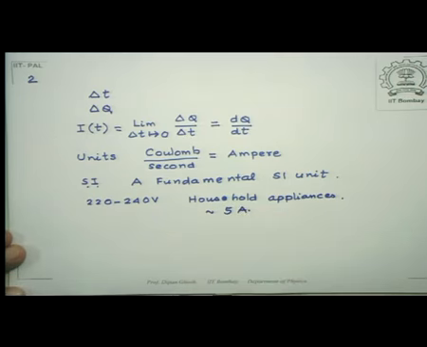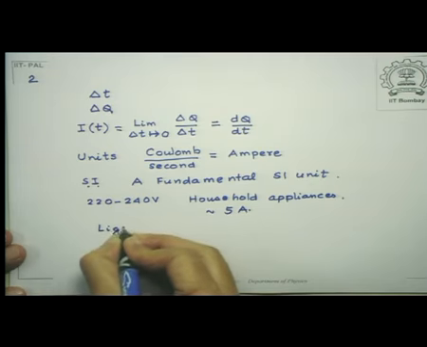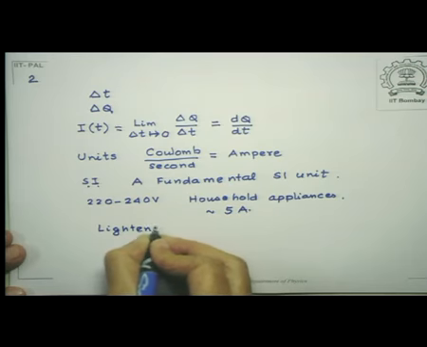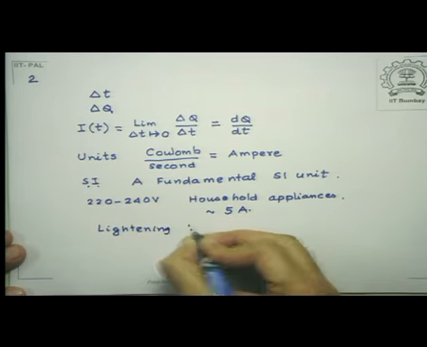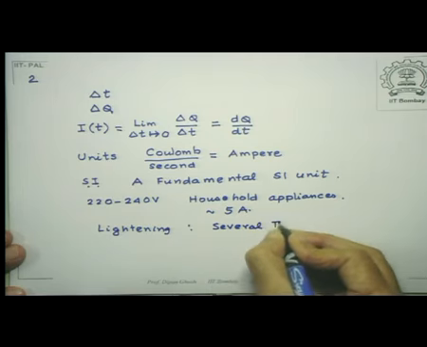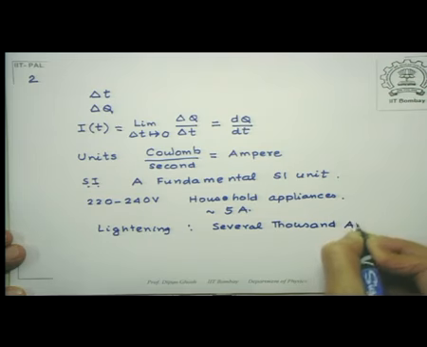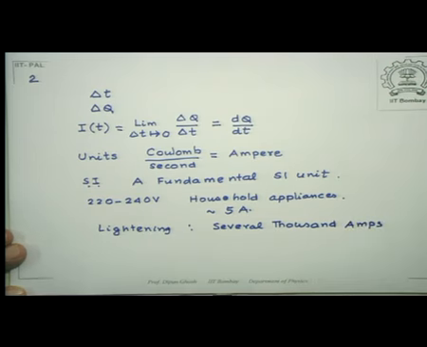If you want to compare this with, for instance, the strength of the current that takes place in lightning, this could be typically several thousand amperes. The aurora borealis that we talked about could also go to millions of amperes.